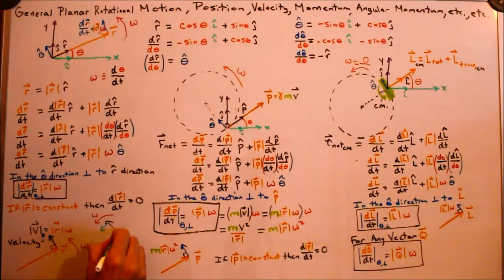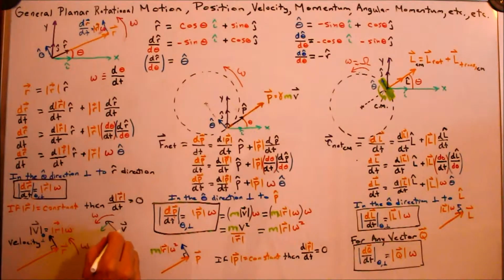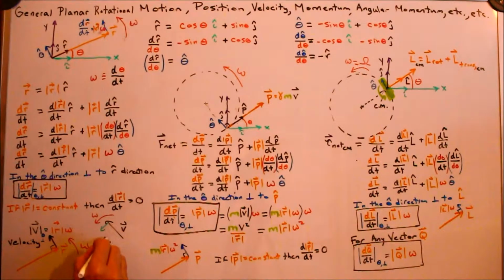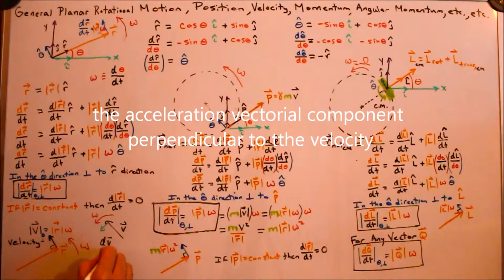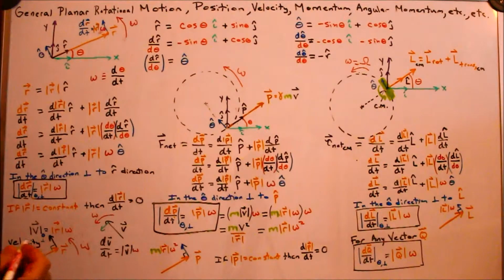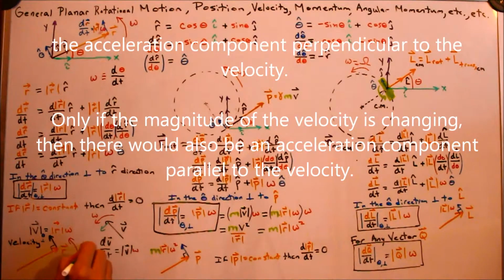This is my velocity term, I'll call it v. That dv dt is v omega. That would be my acceleration, and it's in the direction that v is moving.